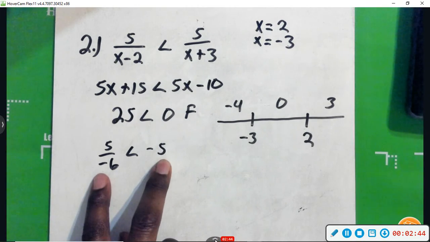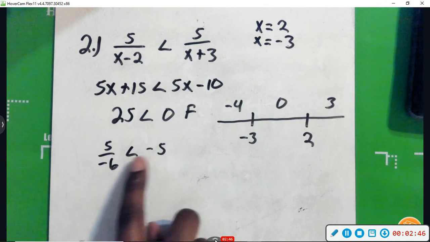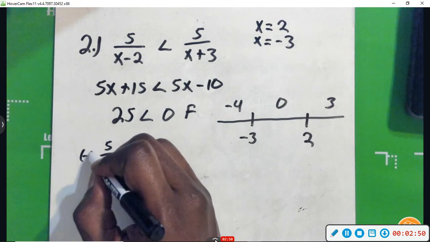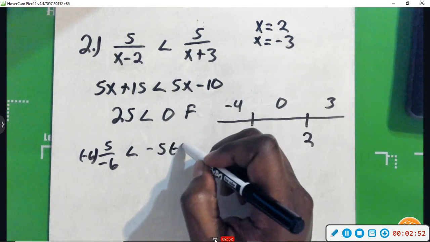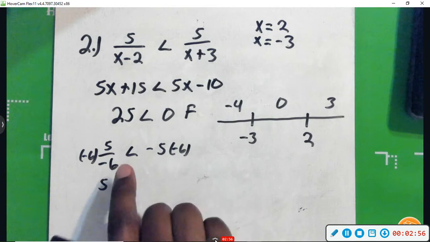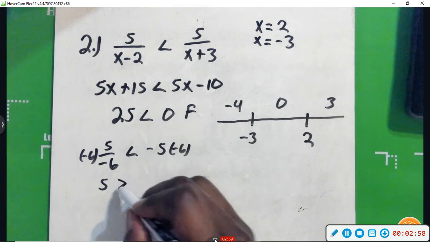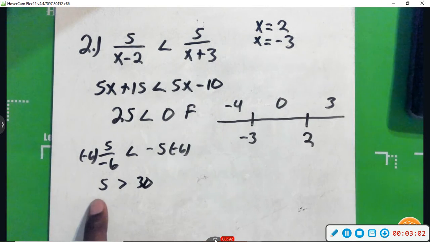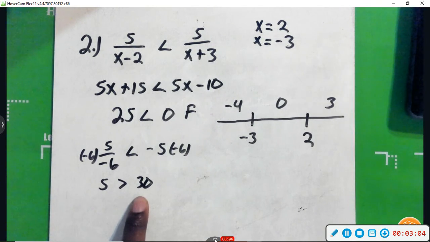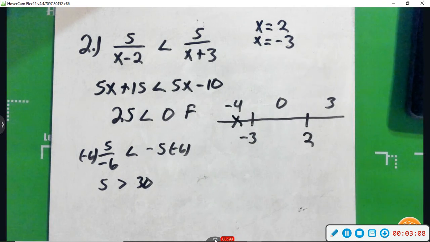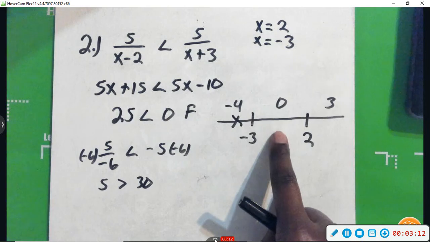And then I can multiply by -6 just to simplify this, to get rid of this on both sides. Alright, and so this will become 5. This sign has to flip, greater than, and this will be 30. And 5 is not greater than 30, so this side does not work.